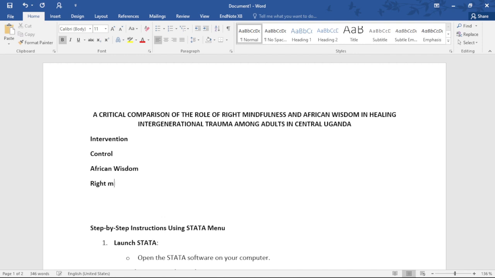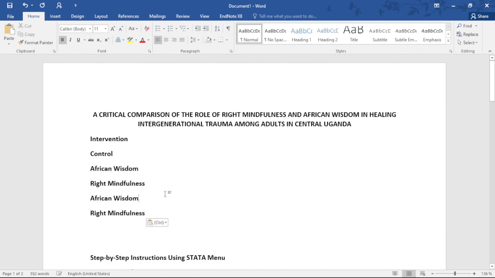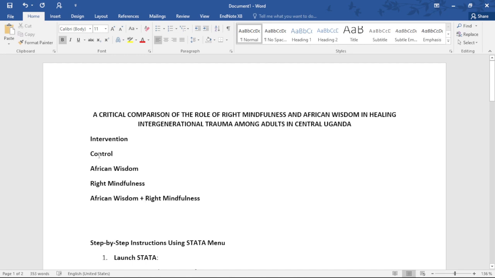Then we had that other group that was being given the right mindfulness as a treatment option. Then the study was trying to test the combination of both the African wisdom and the right mindfulness. So there were 3 treatment groups plus a control group, giving us 4.